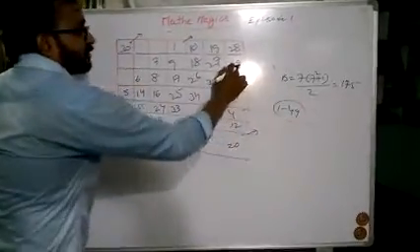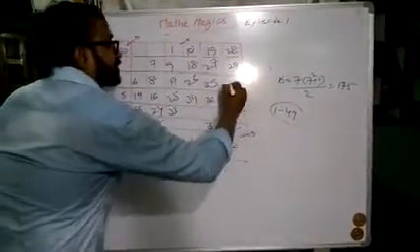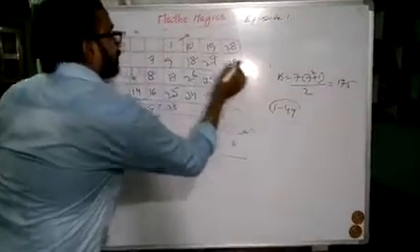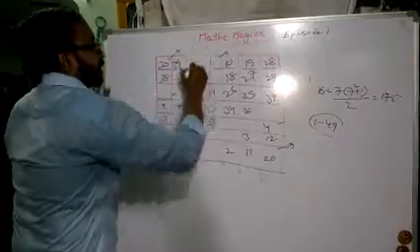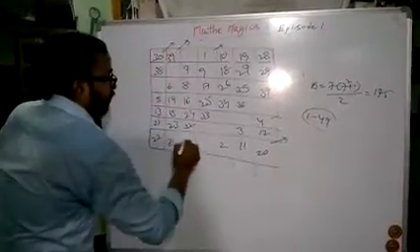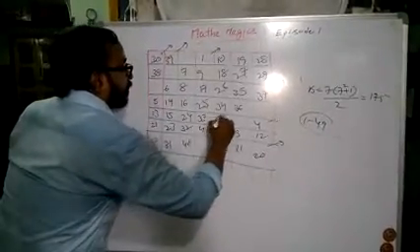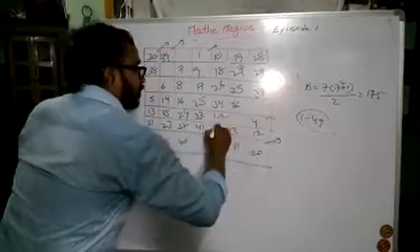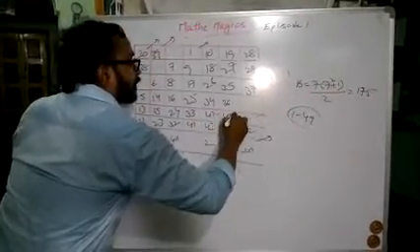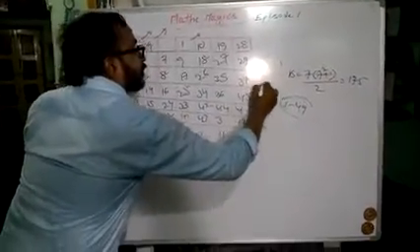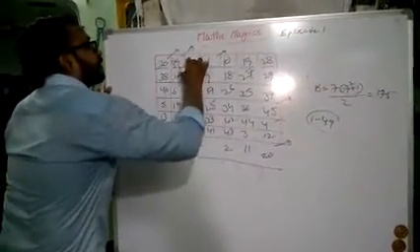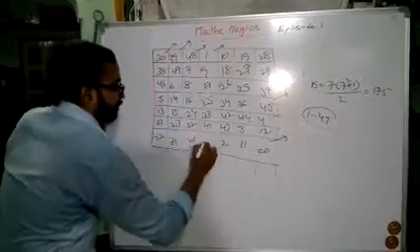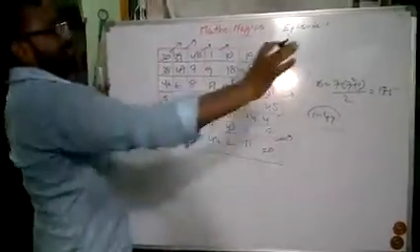The box is filled with 29, so come down, 36, 37, here, come here, 38, 39, now 40, 41, 42, 43, 44, 45, 46, 47, 48, here comes 49, that's it.